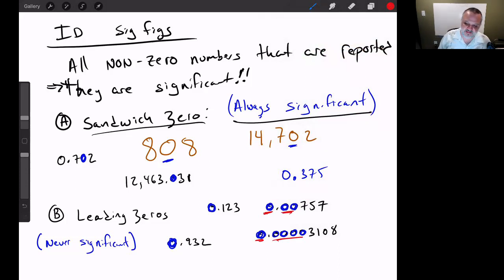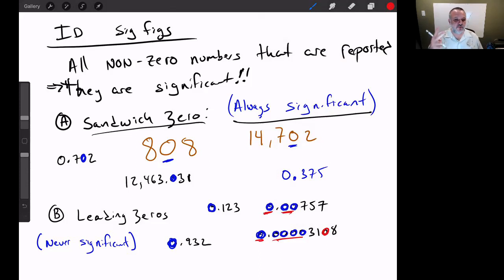It's a leading zero. Well, I just want to identify this one. What's this one? We've already talked about that. That's a sandwiched zero, so it's not significant. Or excuse me, I spoke wrong. It is significant. Remember, sandwiched zeros are always significant.